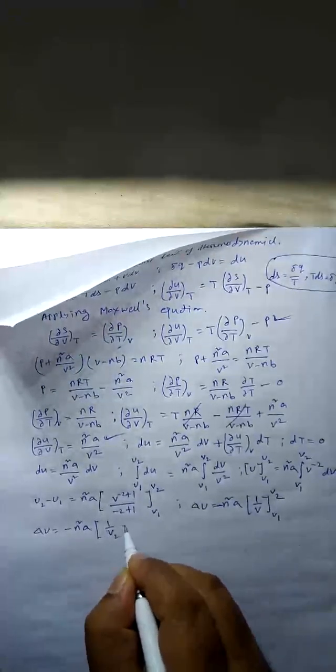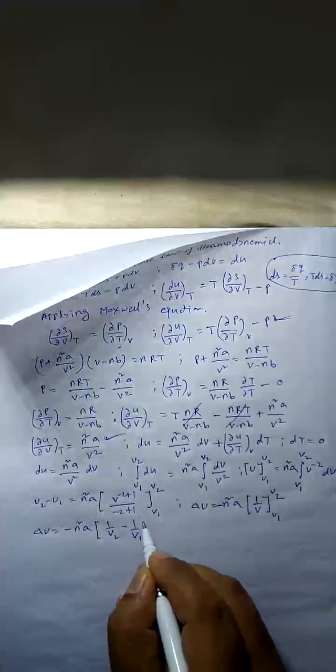Then delta u is equal to minus n square a times (1 by v2 minus 1 by v1).